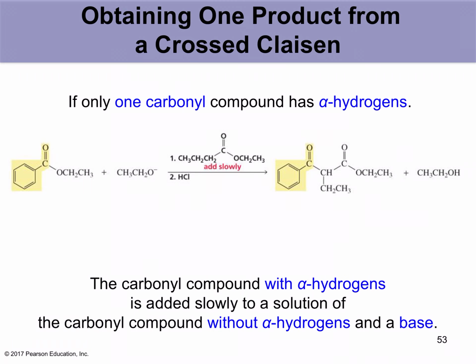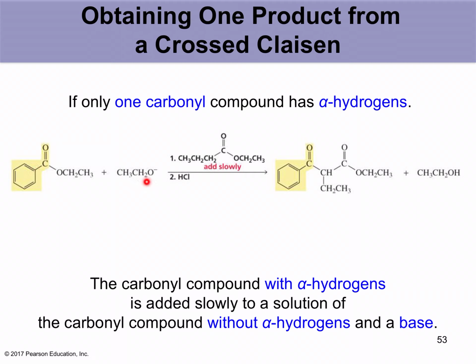Obtaining one product from a cross Claisen: if only one carbonyl compound has alpha hydrogens. Let's say over here, this carbonyl group, and then the next carbon, the alpha carbon, do we have any alpha hydrogens in the benzene ring? No, we don't, right? Because there are 4 bonds on the carbon, so there are no hydrogens on this carbon, meaning there are no alpha hydrogens.